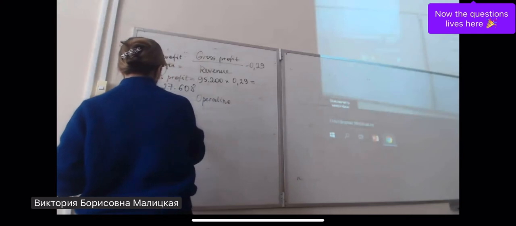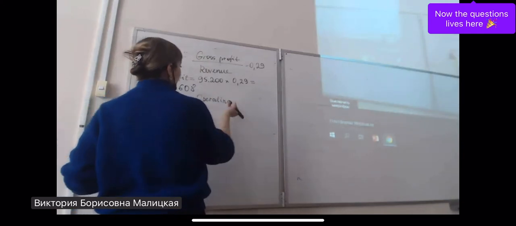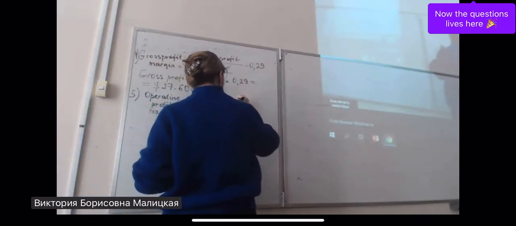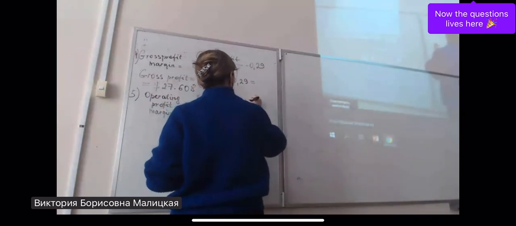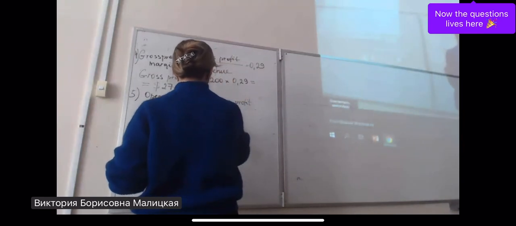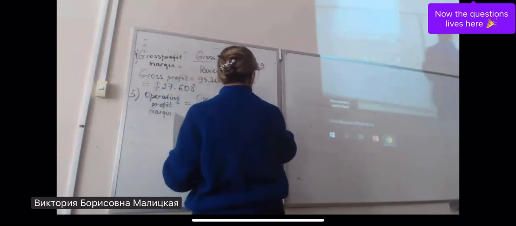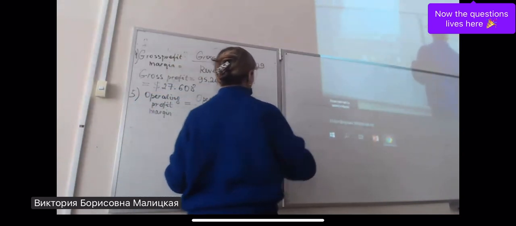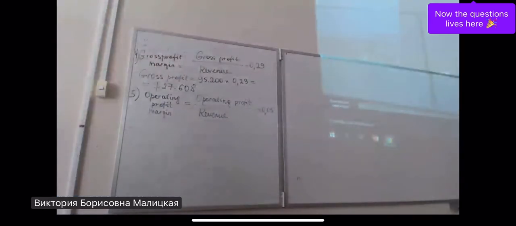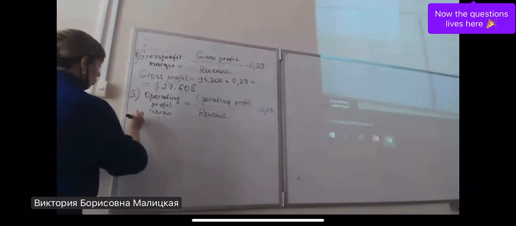Operating margin. So operating profit divided by revenue. And in our case, this is 0.05. Is that clear? Excellent.